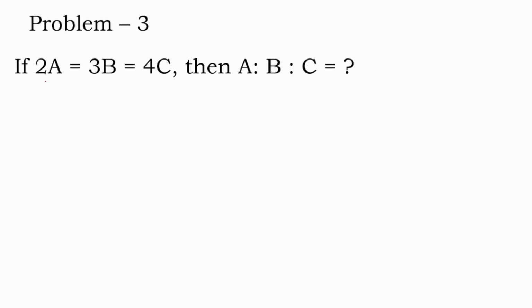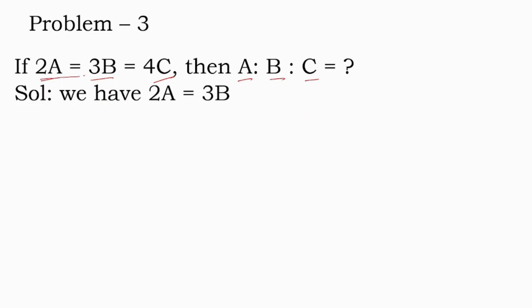Now we discuss the third problem. If 2a equals 3b, 3b equals 4c, then a is to b is to c is what? So here the first equality is taken between a and b, then 2a equals 3b.